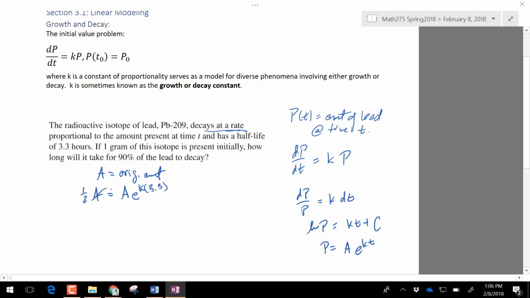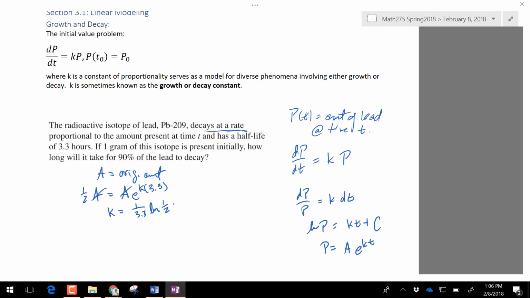And so we can solve for this. We take the ln of both sides, and then you divide by 3.3, so k is equal to 1 over 3.3 times ln of 1/2. And then you put this in the calculator. See, it's negative, so it's a decay, and it does make sense that it is a decay.